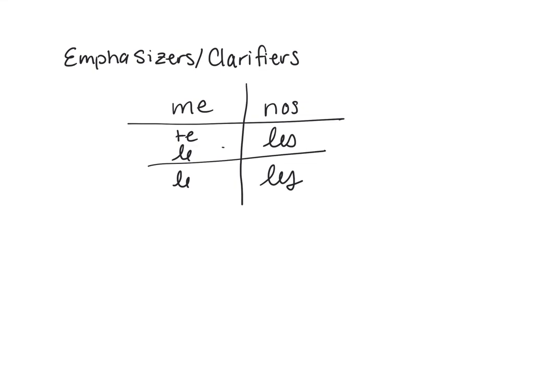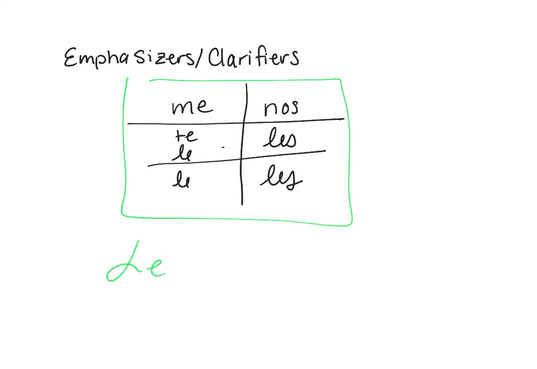And lastly, emphasizers and clarifiers. So again, we have our indirect object pronouns, right? So me, te, le, nos, and les. Now, these could be anything. If I make a sentence and I say, les doy todo mi dinero, you don't know who les is.